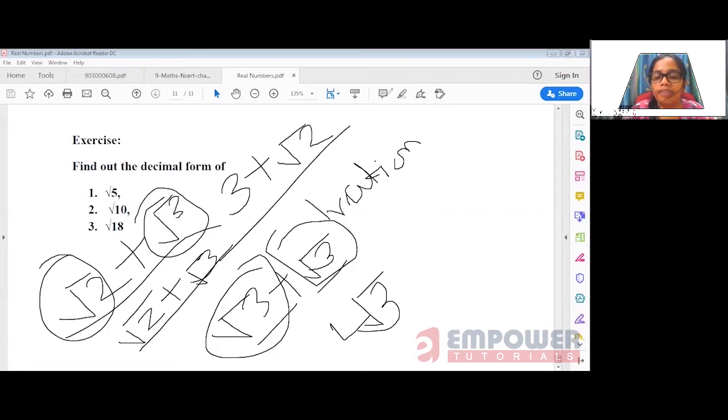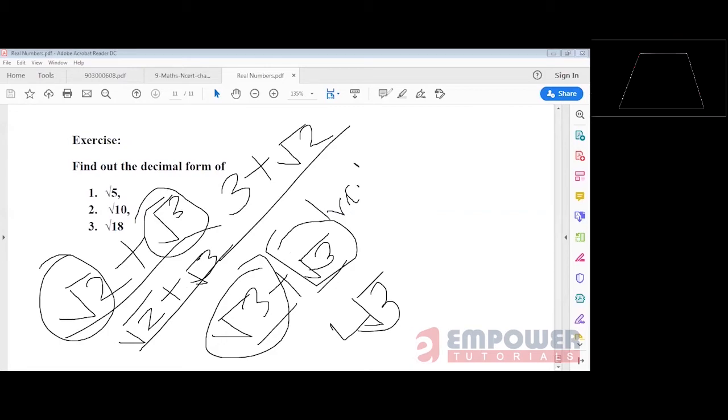Okay, so are you getting my point? Have you understood? Yes, ma'am. So what you have to do is apply the rules which we used in addition, subtraction or mathematical operations of your variables.